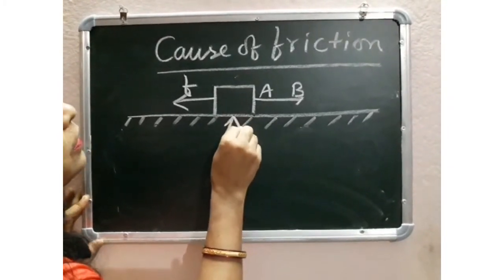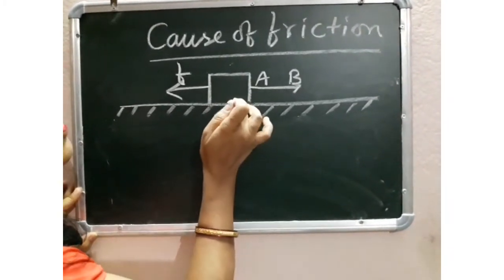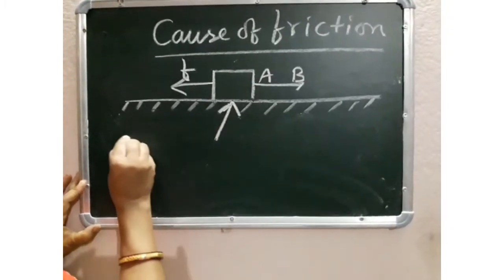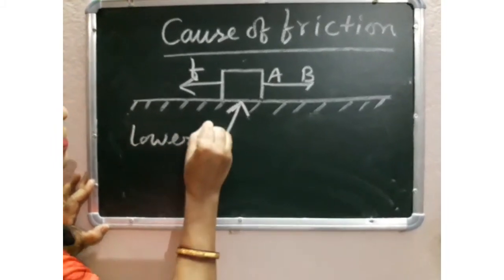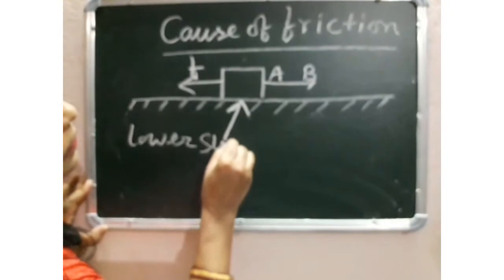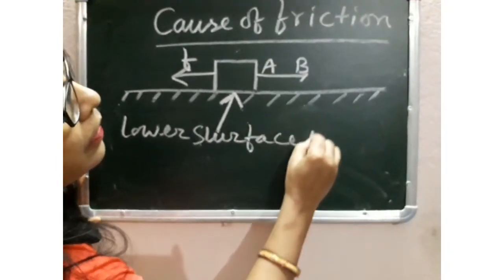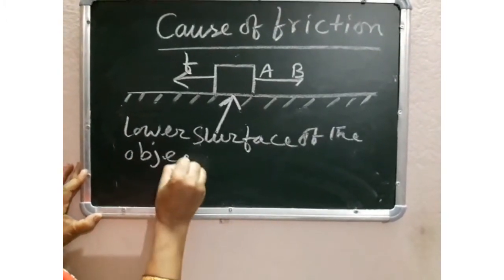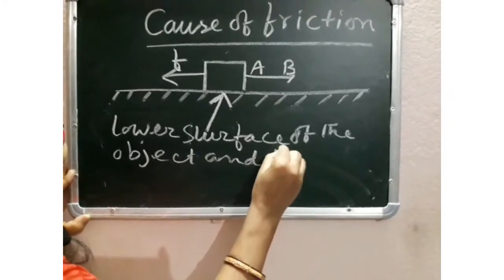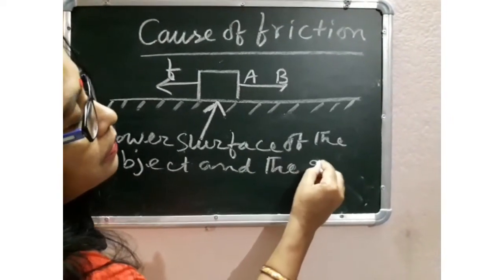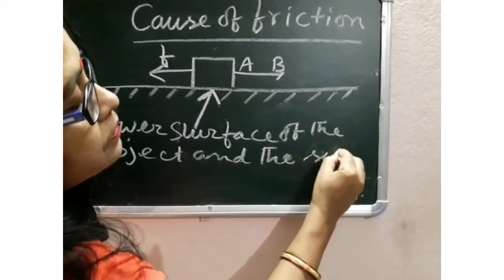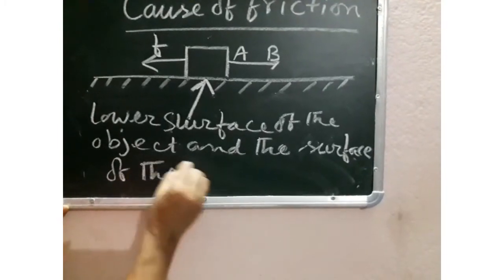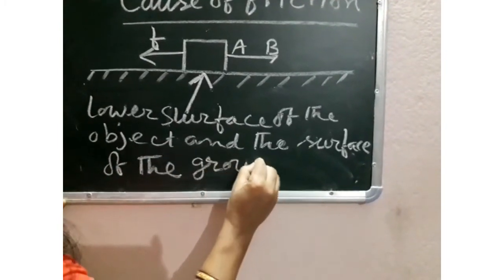There is an interlocking between the object and the ground, between the lower surface of the object and the surface of the ground.